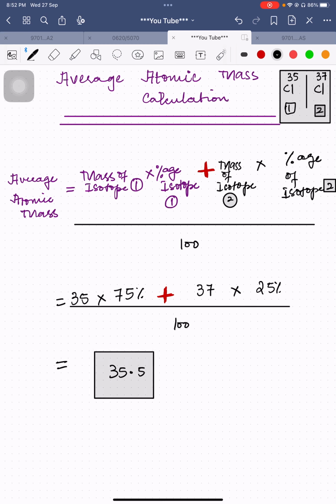So this is the way to calculate the average atomic mass of any element. We are calculating the average from all the isotopes. In the periodic table, the average atomic masses of all the elements are taken.